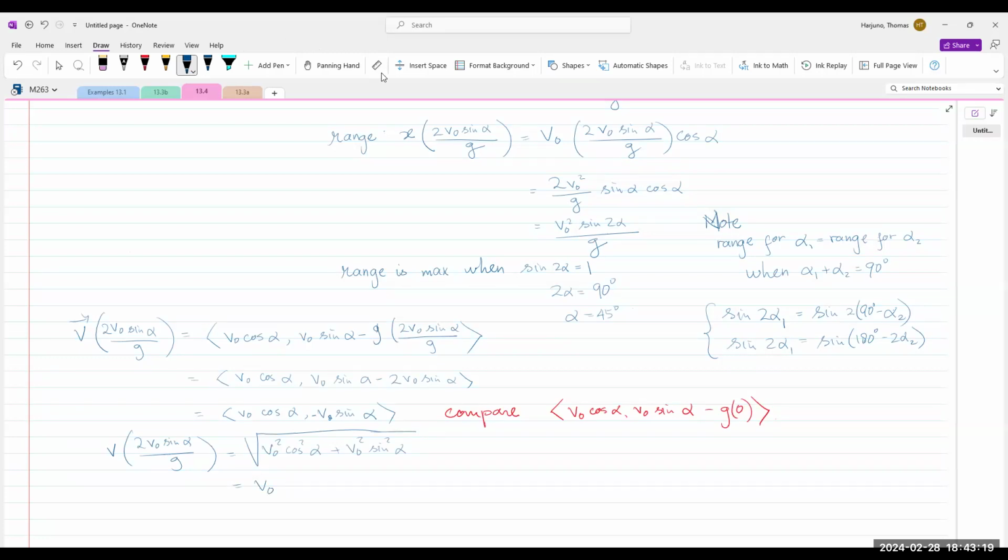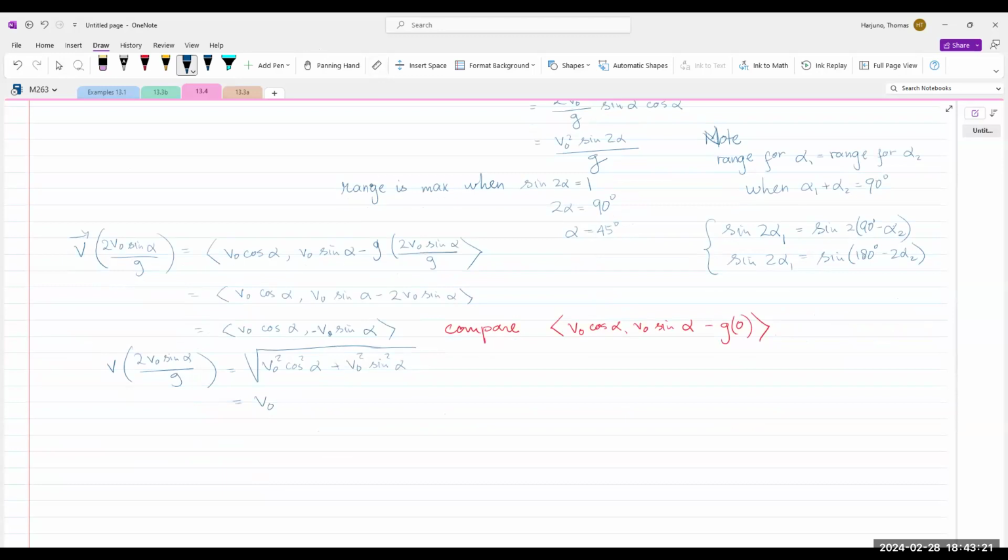In other words, when you throw a projectile, the speed when it hits the target on the ground will be the same speed. It's just a different angle. If the angle here is alpha, then the angle here will also be alpha.